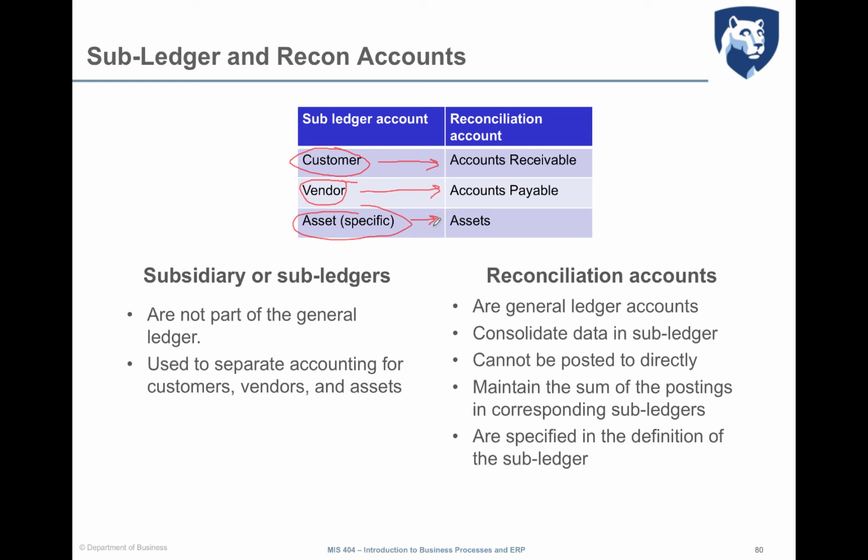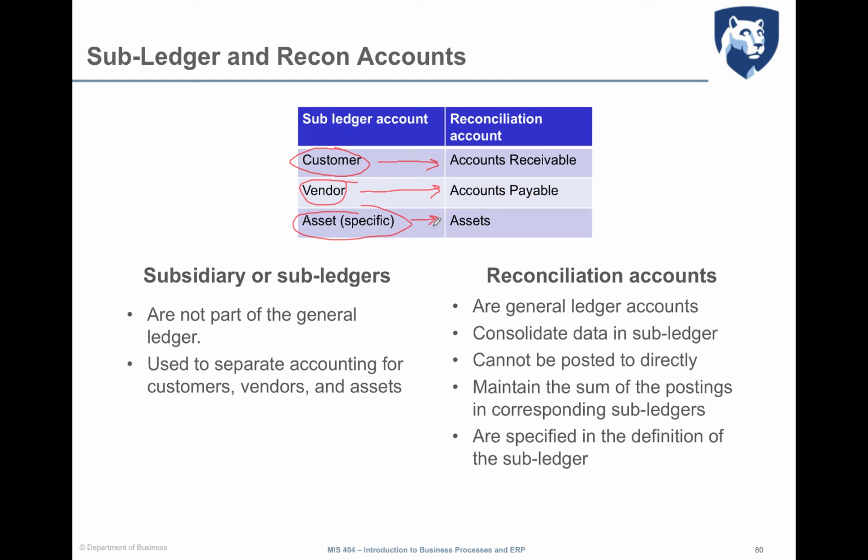In particular, as the general ledger can include multiple reconciliation accounts, of course, it is necessary to indicate which subledger each reconciliation account is associated with. And this information will appear in the reconciliation account type field in the general ledger account master data.